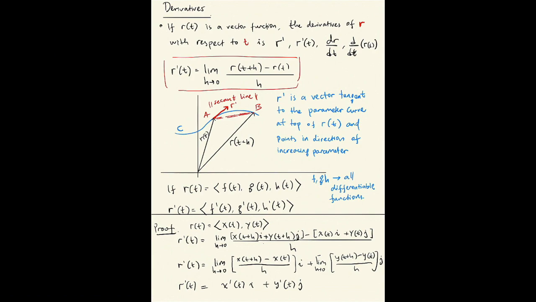The idea is just evaluating each x and y with the limit and then grouping all together. And then you will get this is the x prime, so this is all x prime, this is all y prime.